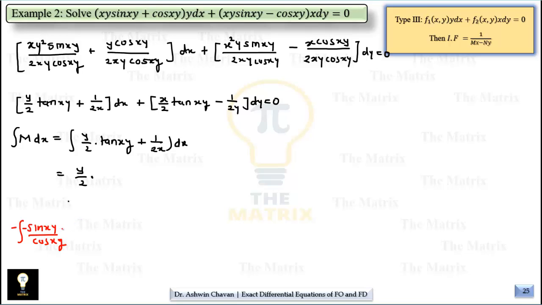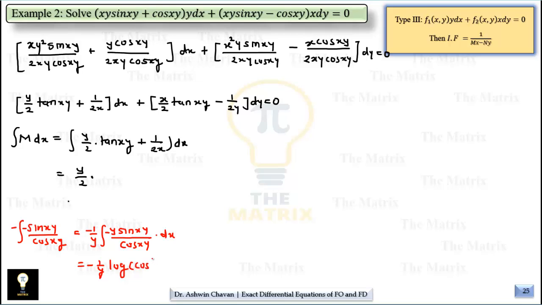So if we multiply by y and divide by y, we can do the adjustment like this: minus 1 upon y and the integral of y sin xy upon cos of xy with negative sign, and dx, we can easily see it is minus 1 by y log of the denominator.